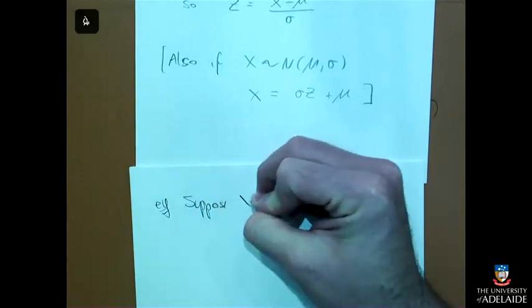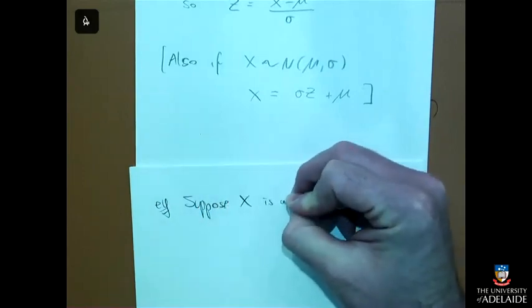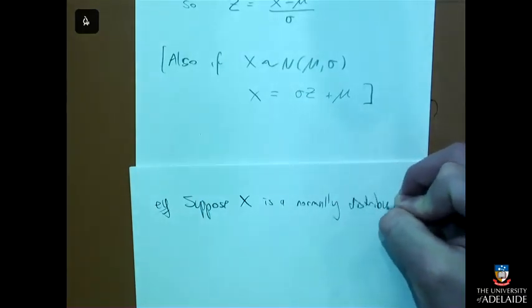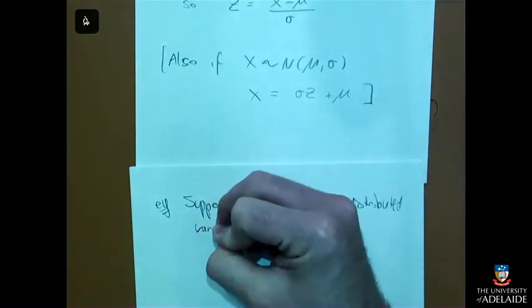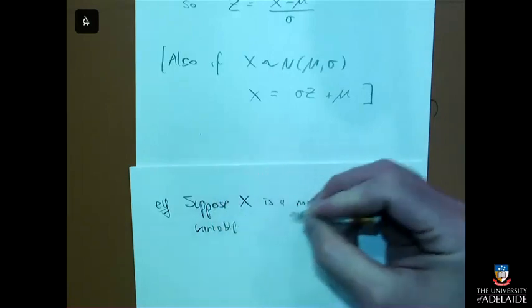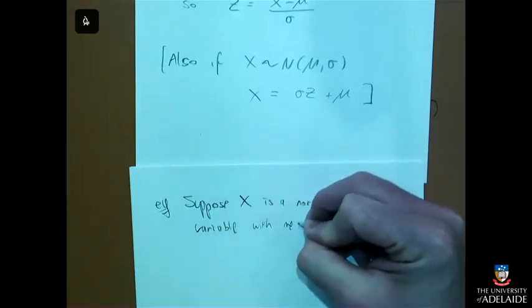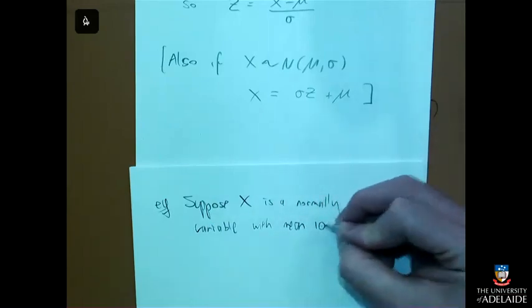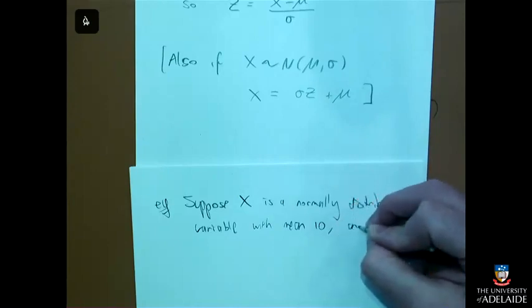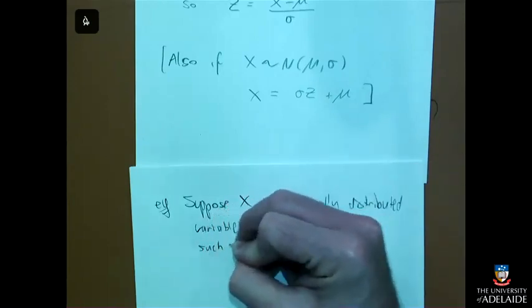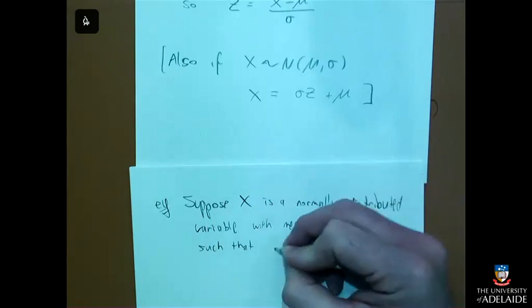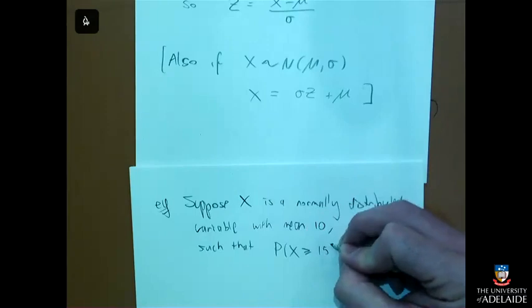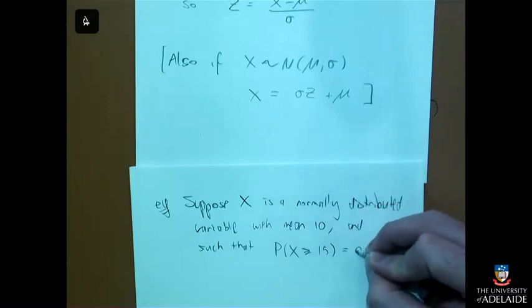Suppose X is a normally distributed variable with mean 10, and such that the probability that X is greater than or equal to 15 is 2%.